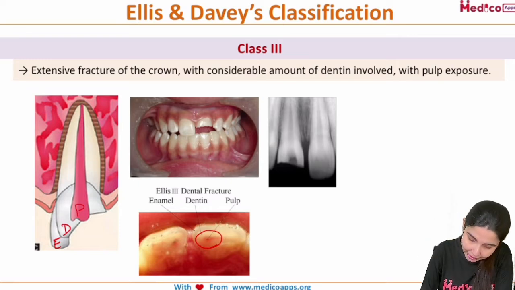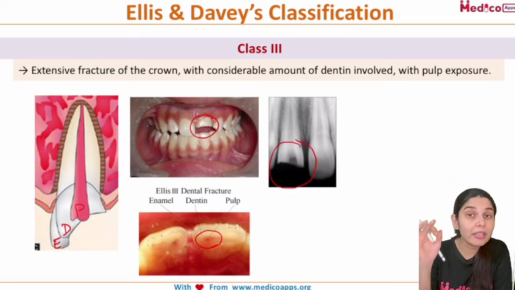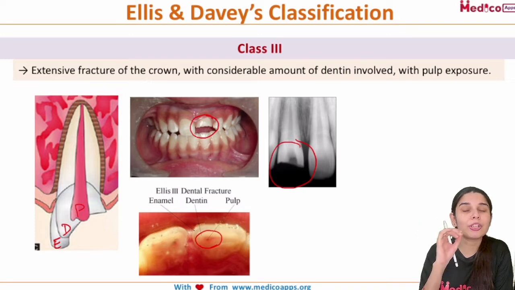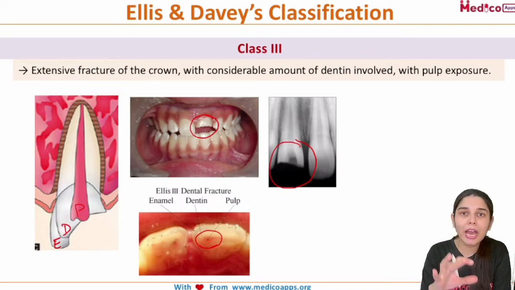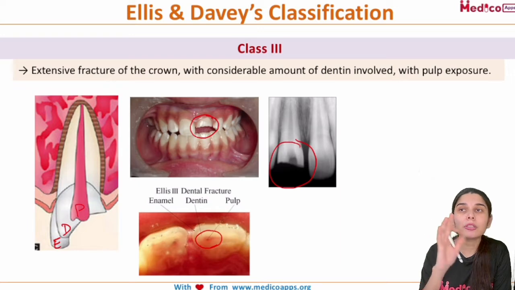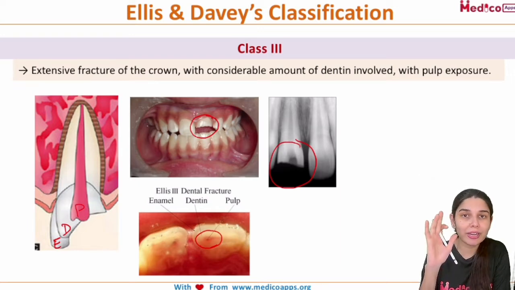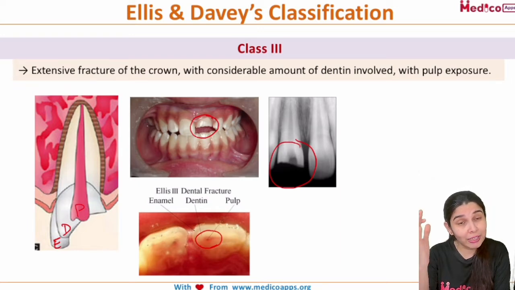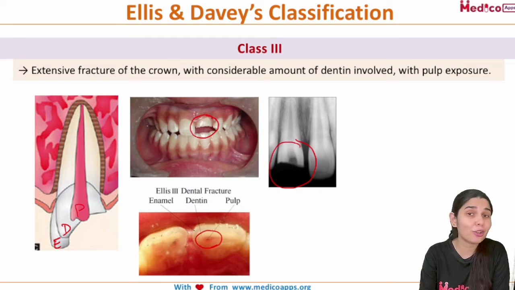As you can see in this image, this is the same image and this is the radiograph of an Ellis class 3 fracture. And mind you, class 3 fracture questions are mostly asked in the exam, and this can even be asked as a viva question. So do remember all these 9 classes, because this is one of the favorite questions of an examiner in endodontics, pedodontics or oral surgery.